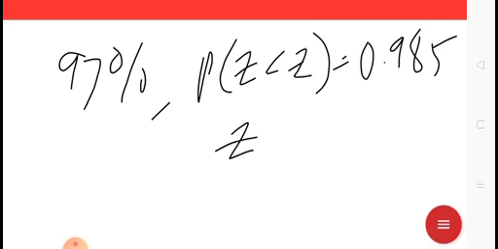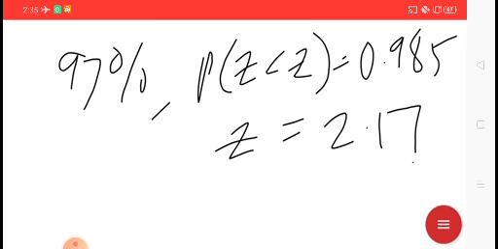Then you will find the z value from the booklet. If you refer to the critical value table, do you have 0.985? Don't have. So if you don't have, then you need to look at the table. So the z value will be 2.17. Okay, so 2.17.